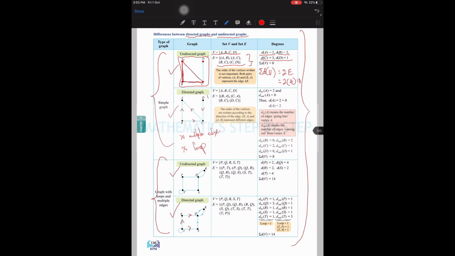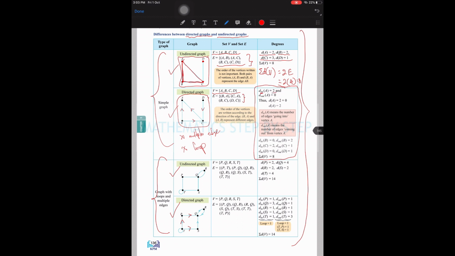Then now, let's refer to this graph. Again, the vertex are named after A, B, C, D. And this is the set of edges. So now, there's a little bit different here in how we write the degree, okay? Because there's direction now. So, the degree of edges coming in at vertex A is 2.